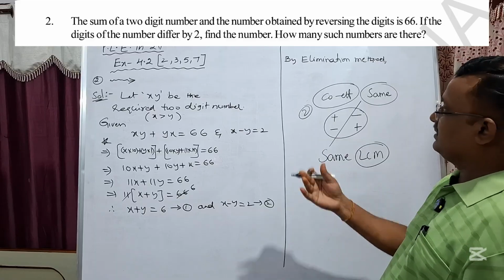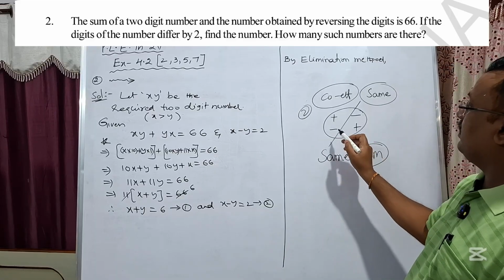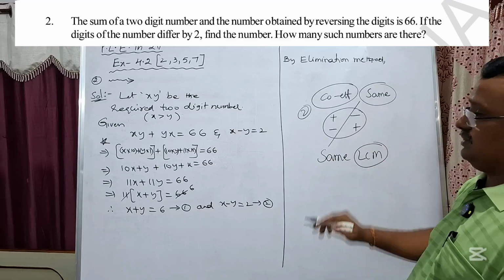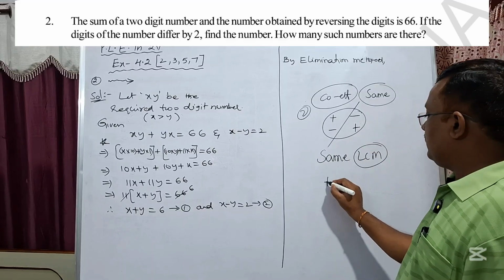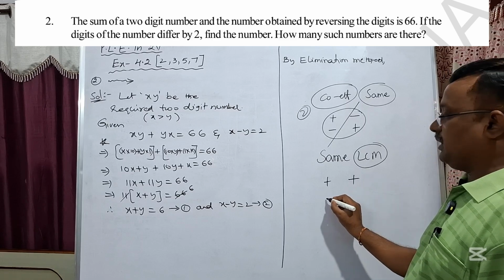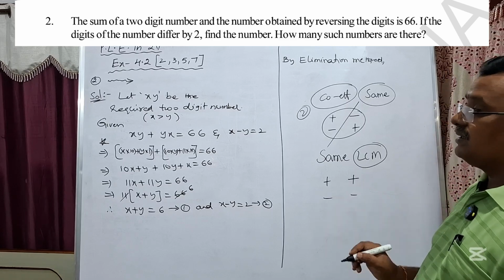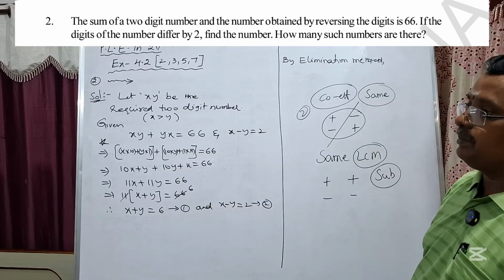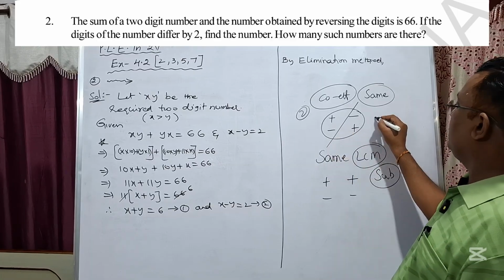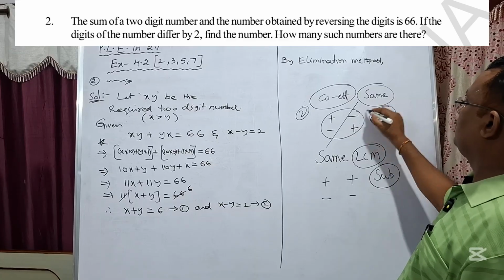Next, what process do we apply if both do not have opposite signs? If both have the same sign, either both plus or both minus, then subtract the equations. In the opposite-sign condition, just add the equations.